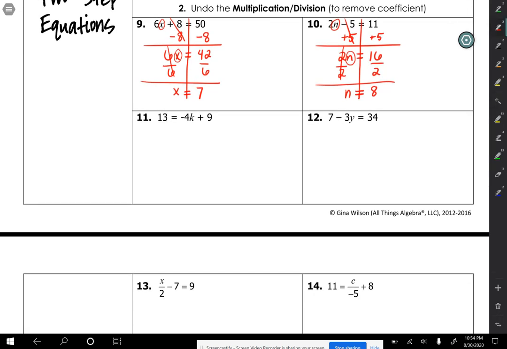Number 11 says 13 equals negative 4k plus 9. So I'm going to draw my line down the middle, circle my variable. The first thing I need to get rid of in this one over here is that plus 9.